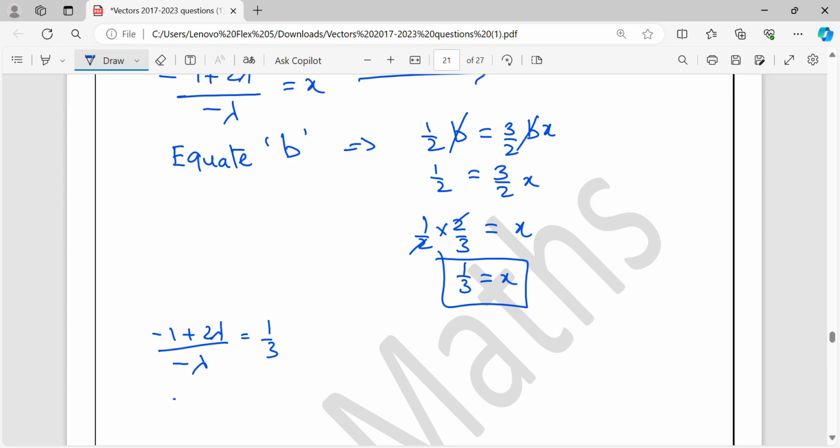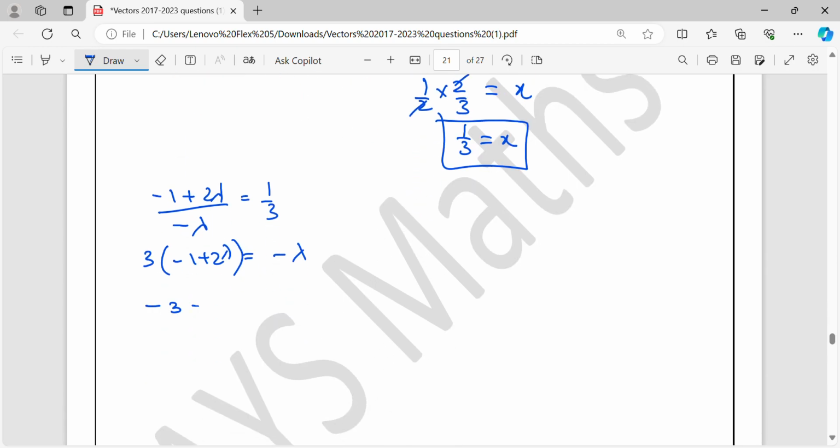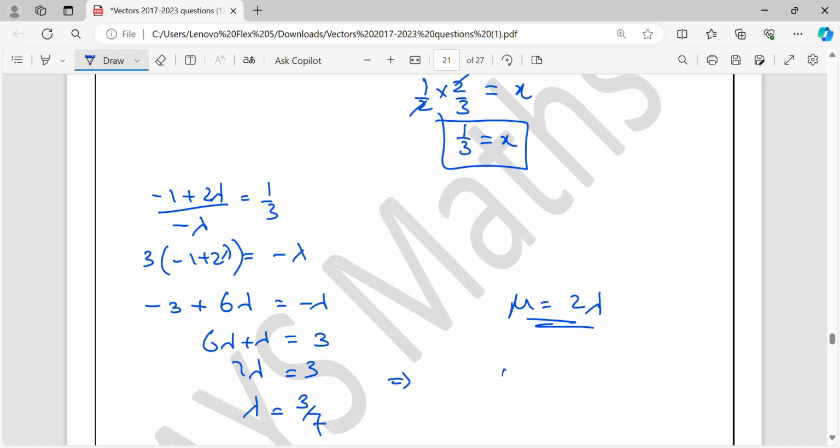Cross multiply: (minus 1 plus 2 lambda) times 3 equals minus lambda. Expand the bracket: minus 3 plus 6 lambda equals minus lambda. 6 lambda plus lambda, so 7 lambda equals 3, and lambda equals 3/7. Similarly, nu equals 2 lambda, so nu equals 2 times 3/7, and nu equals 6/7.